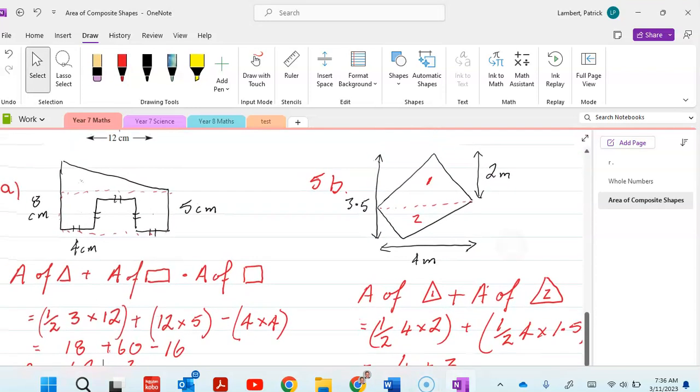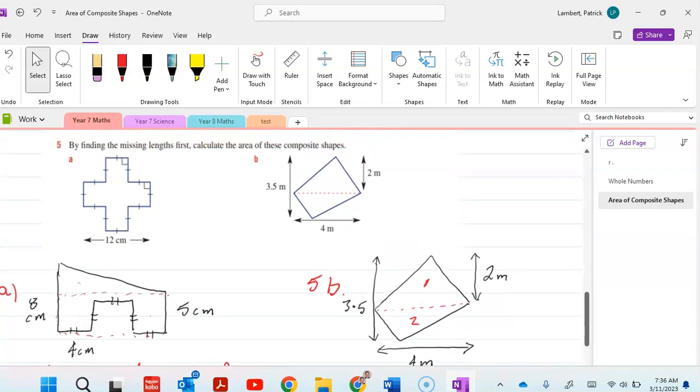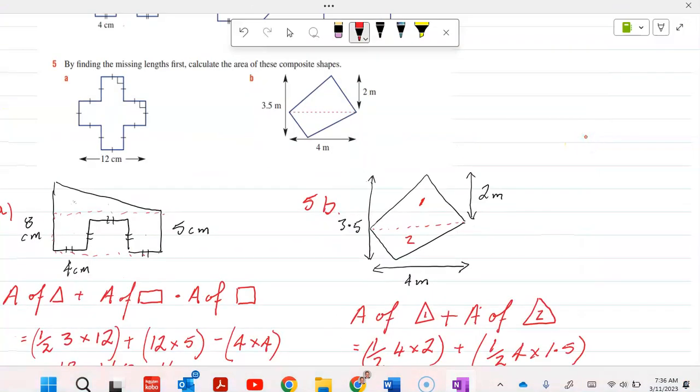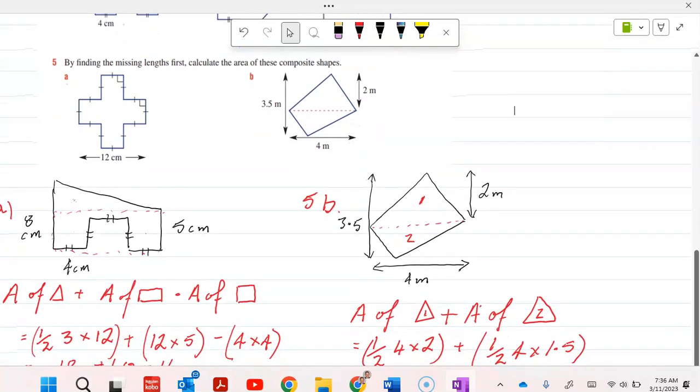Okay, now let's have a look at this one across here, 5b. You've got 2 triangles, this one and this one. So you've got a triangle that's got a base of 4 metres and a height of 2, and this whole thing's 3.5, so this one you've got a base of 4 and a height of 1.5.